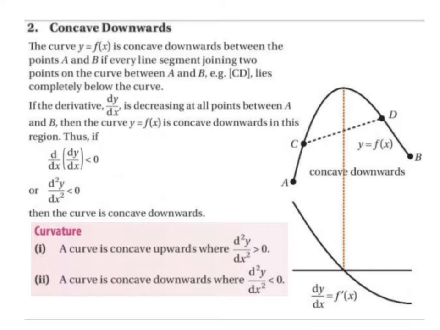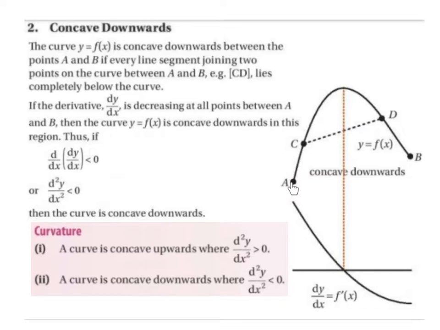Concave downwards. The curve y equals f of x is concave downwards between the points A and B if every line segment joining 2 points on the curve between A and B, for example CD, lies completely below the curve. So here we have the graph y equals f of x. It's N-shaped.